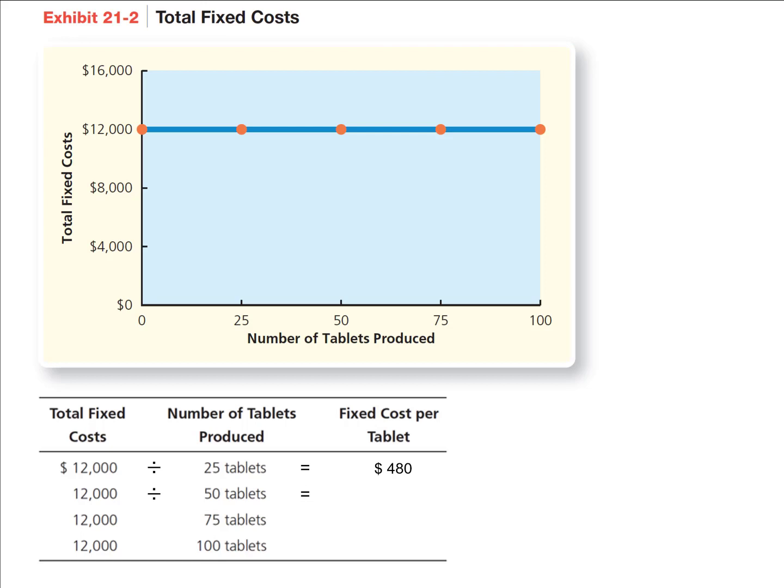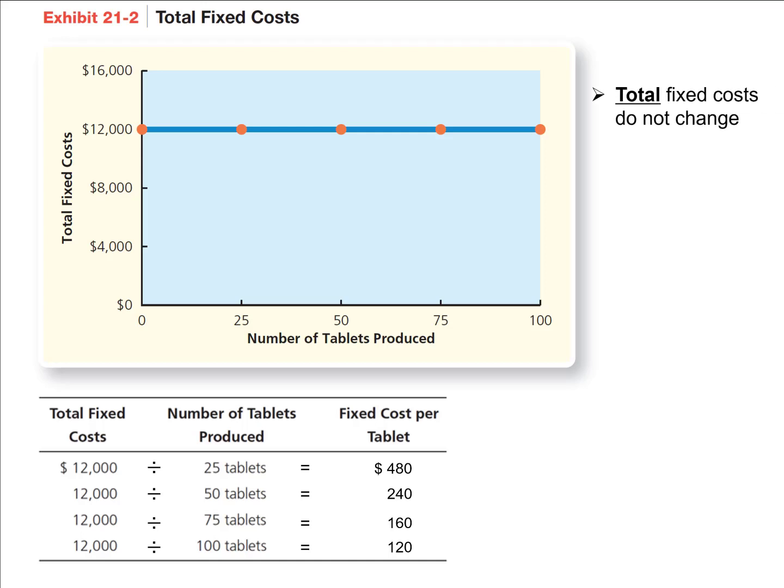At the 50 tablet level, the fixed cost per tablet falls to $240 per tablet. At the 75 tablet level, it falls further to $160 per tablet. And finally, at the 100 tablet level, the fixed cost per tablet falls to $120 per tablet.